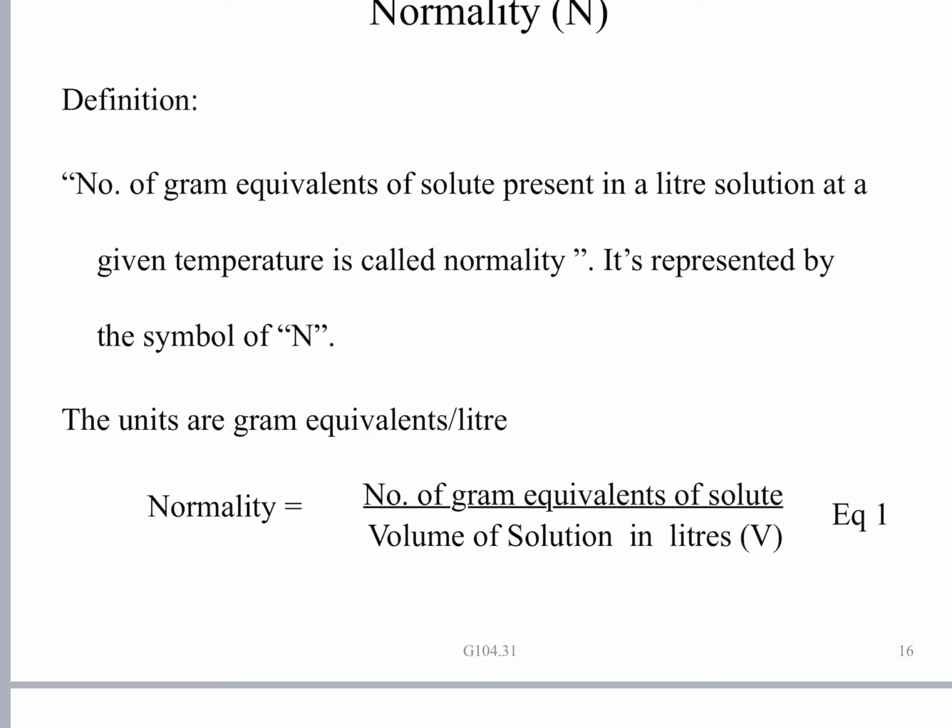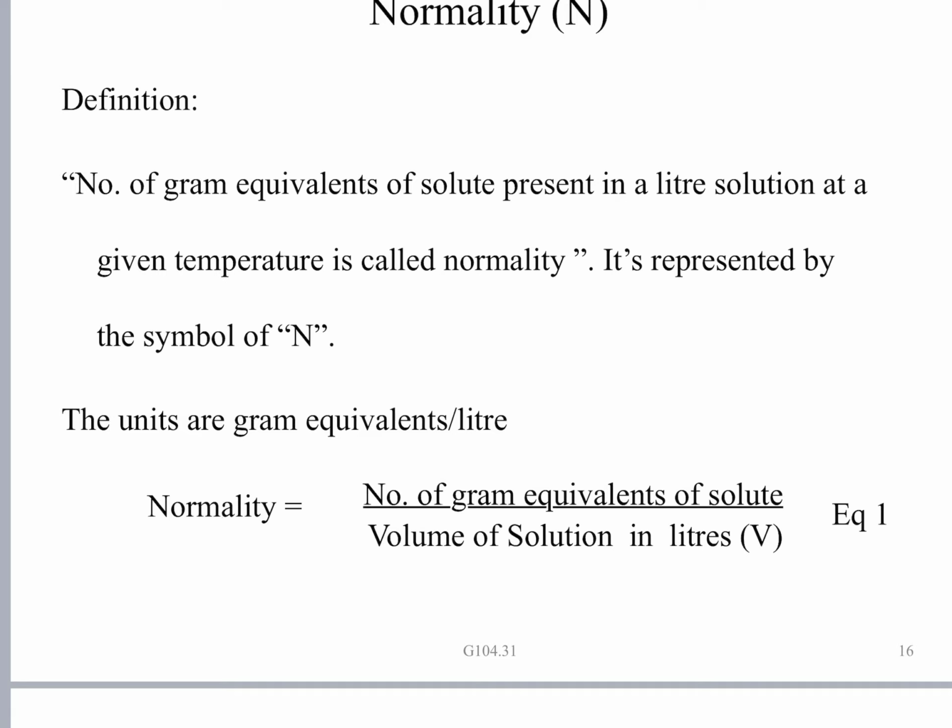Gram equivalent is nothing but equivalent weight. Gram equivalents and equivalent weights are the same. In electrochemistry, the same quantity is called chemical equivalent. Equivalent weight, gram equivalent, chemical equivalent, all are the same.